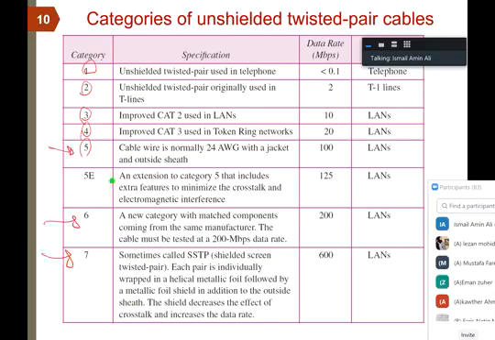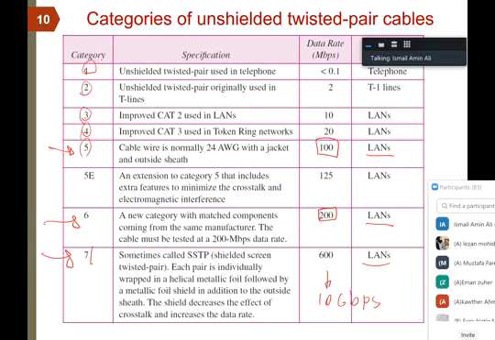For category 5, the data rate can go up to 100 megabit per second, and it's used, of course, for LANs. The 6, we can go up to 200, and the 7 can go up to 10 gigabit per second. Okay, it's used also in LANs.